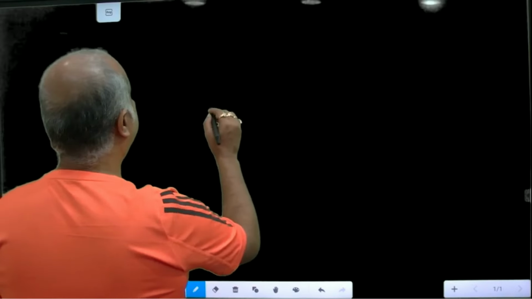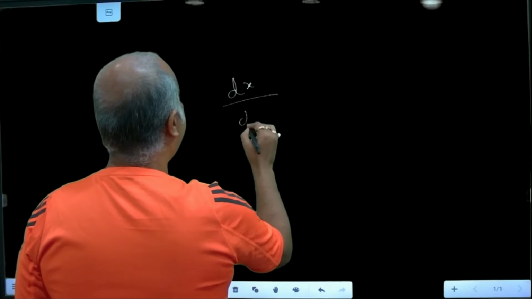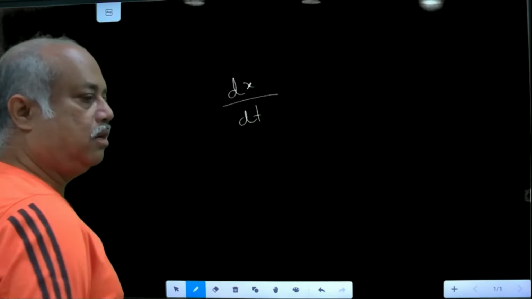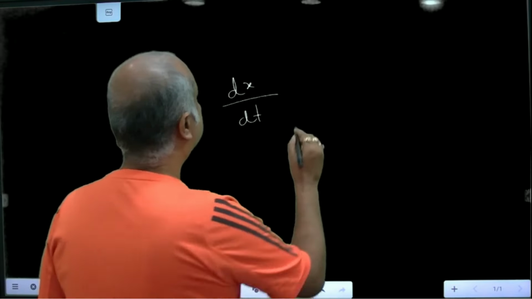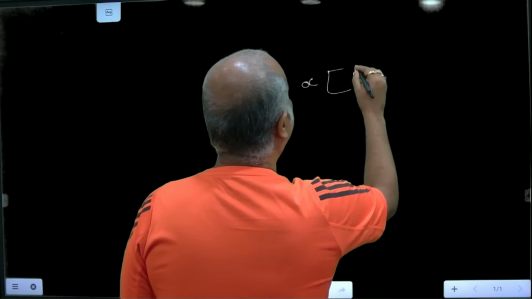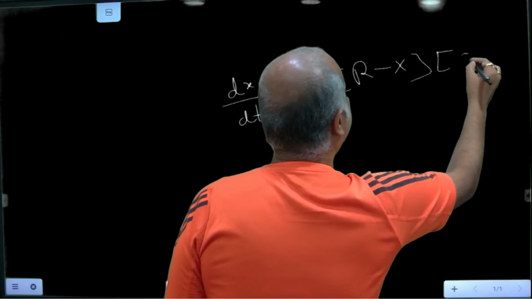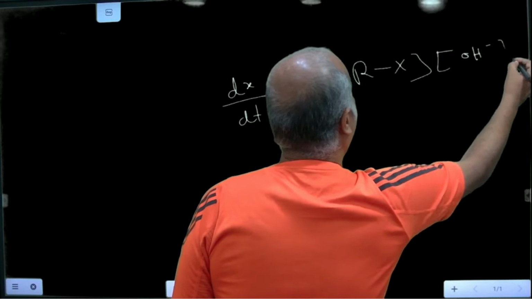dx by dt is directly proportional to the concentration of alkyl halide and nucleophile both.